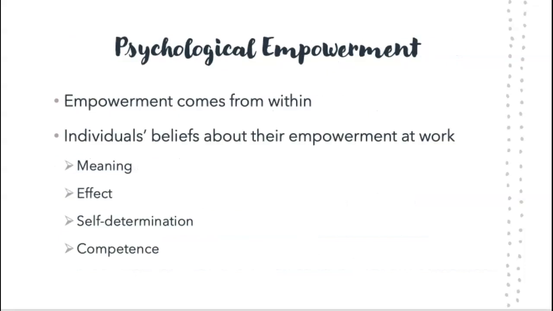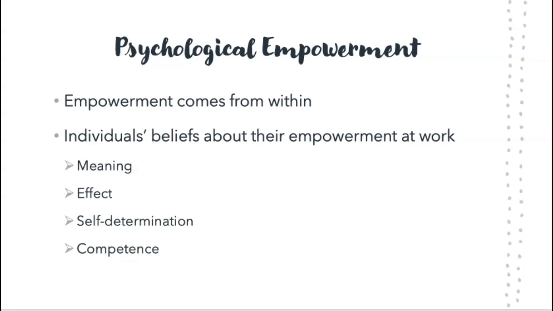I want to talk about our last theoretical framework for empowerment called psychological empowerment. So psychological empowerment refers to an individual's belief in their empowerment at work. And there's four main dimensions of empowerment. Meaning, which implies a good fit between the individual's work role and their beliefs, values, and behaviors.